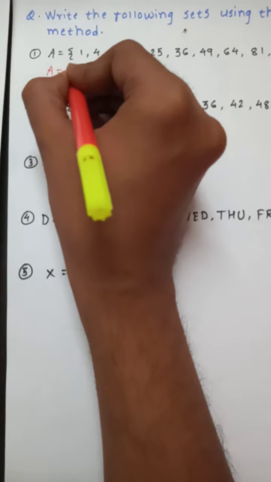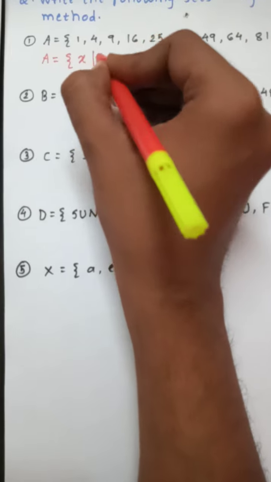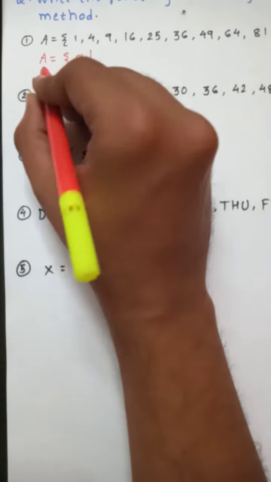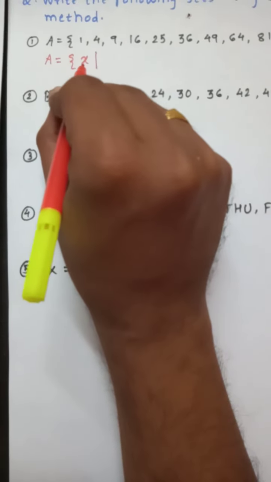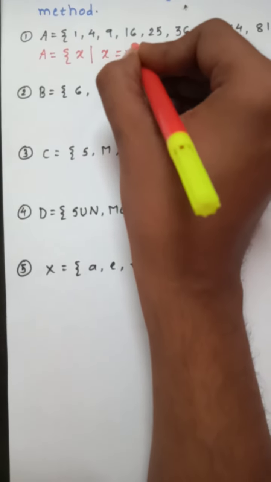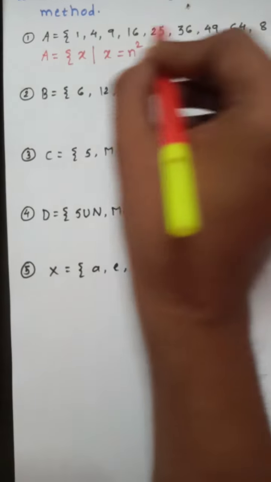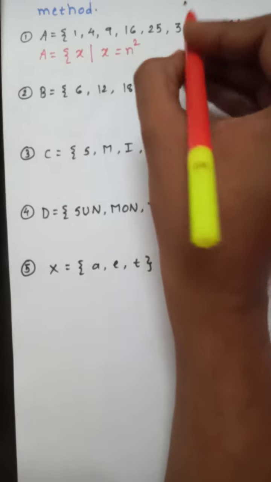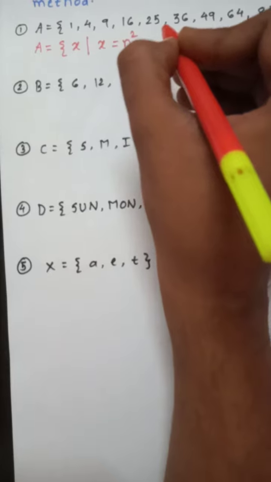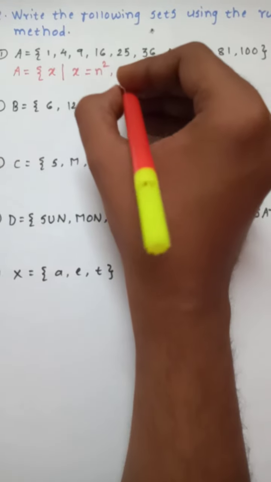The name will be unchanged. A is set of all x such that, this particular vertical line is called such that, it is read as A is set of all x such that x is equal to n square, where n is a number whose square is written in this particular set A. Now if you observe these numbers, you will find one thing, that these all are natural numbers: 1, 4, 9, 16, 25, 36 up to 100.